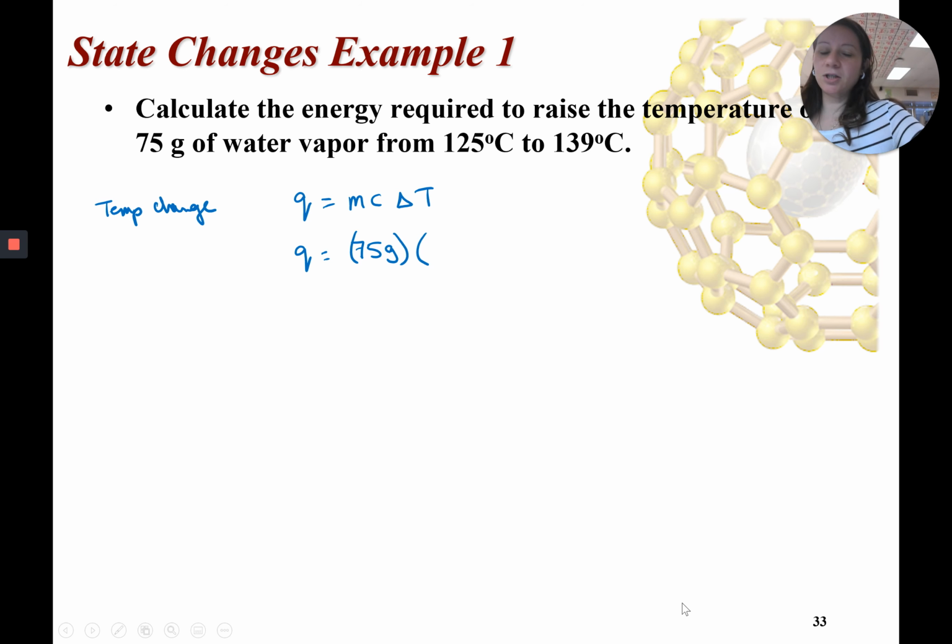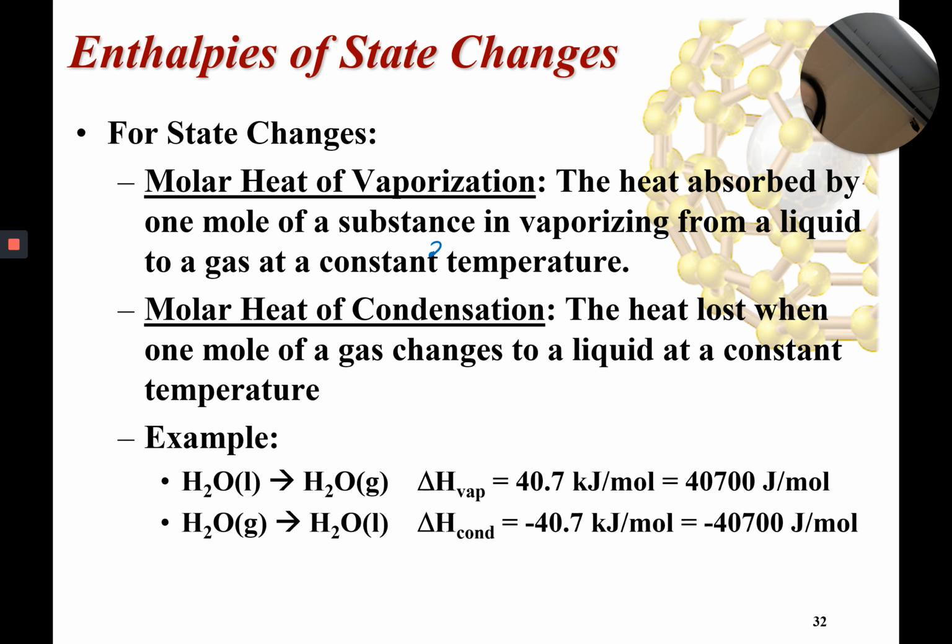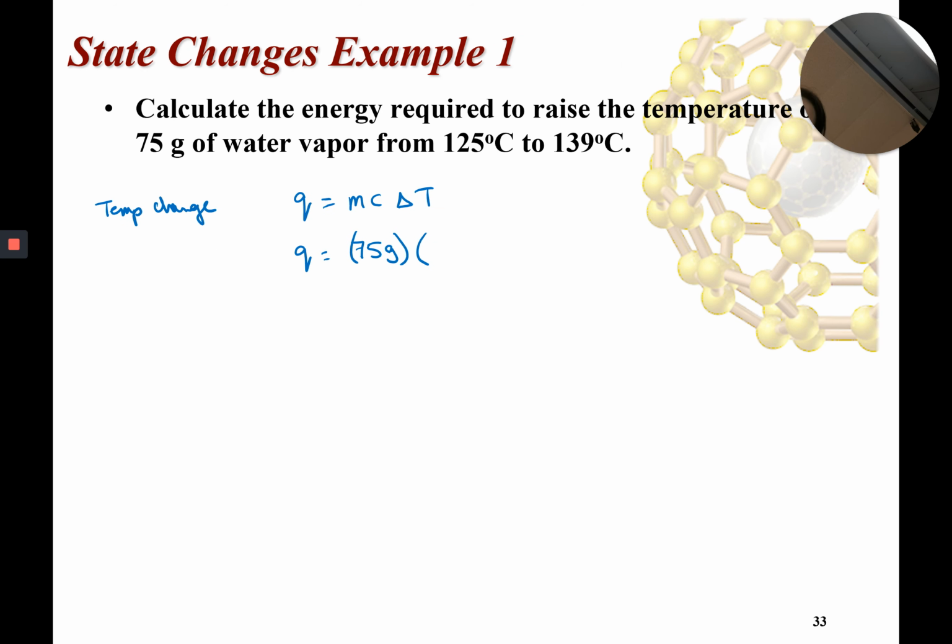If you look at your table of the specific heat capacities, you'll see that ice is 2.093, steam is 2.009 joules per gram Celsius. Is different from water, so you have to be careful with that. And then delta T is final minus initial, so 139 Celsius minus 125 Celsius, and we're going to calculate that.